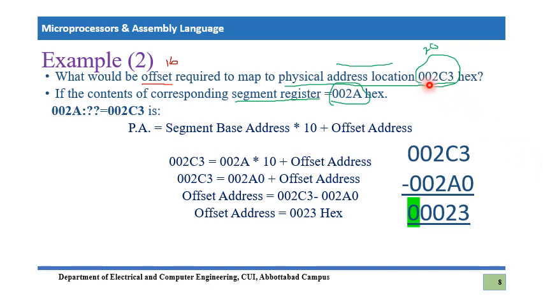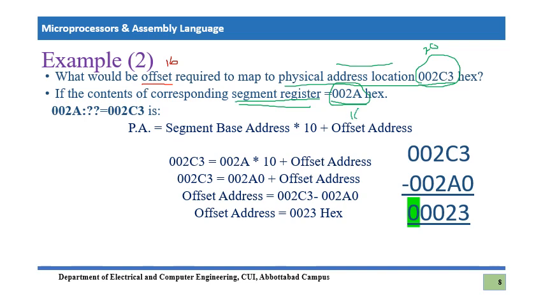002C3, so these are 5 hexadecimal symbols, and each hexadecimal symbol is a composition of 4 bits, so in total these are 20 bits. Similarly, we are given the segment base address, 002A, and these are how many bits? 16 bits.